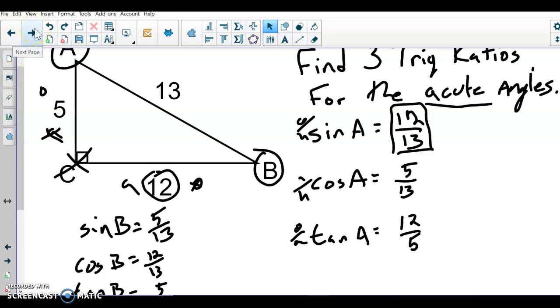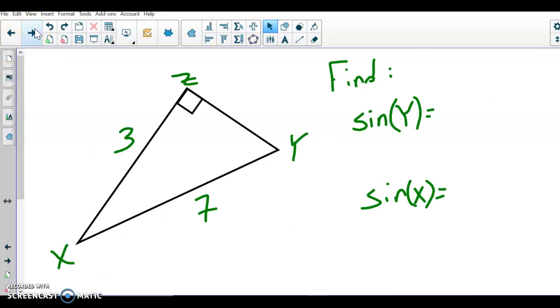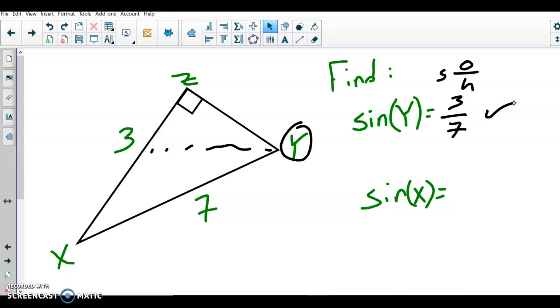And the last thing that we want to look at is finding this side. So if I looked at the sine of y, I know sine is opposite over hypotenuse. And so if I find my y here, I go to the opposite side, and it's 3 over hypotenuse, which is 7. Check. But now with the sine of x, if I look at the opposite side of x, I don't know what it is.